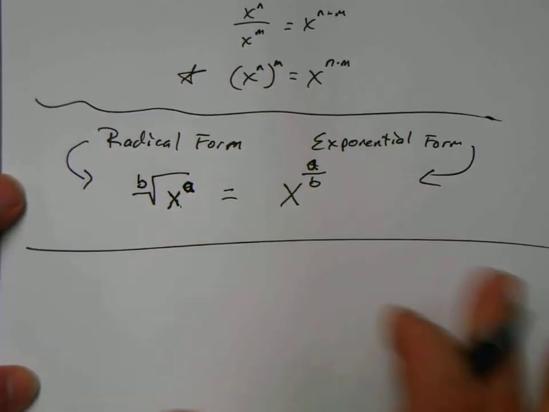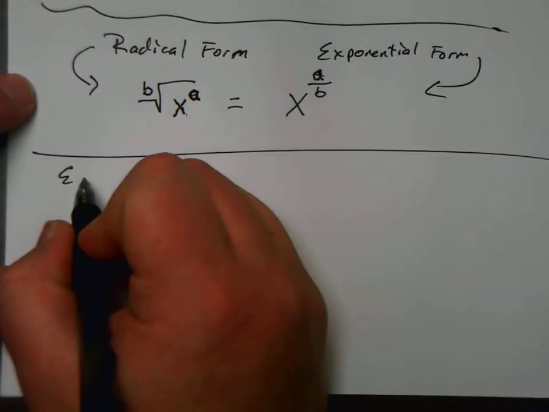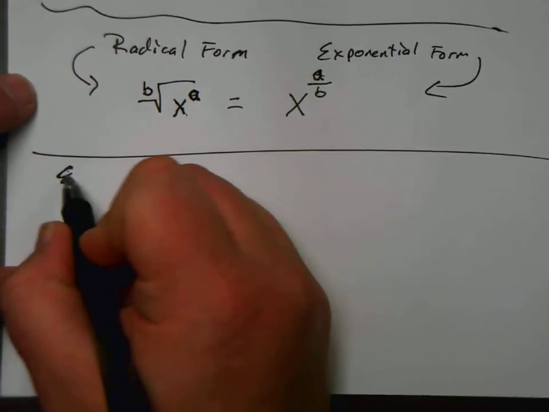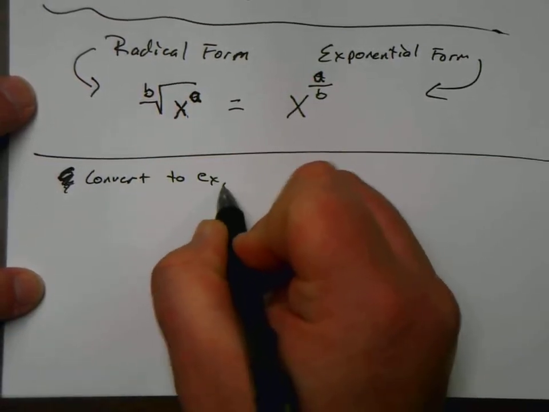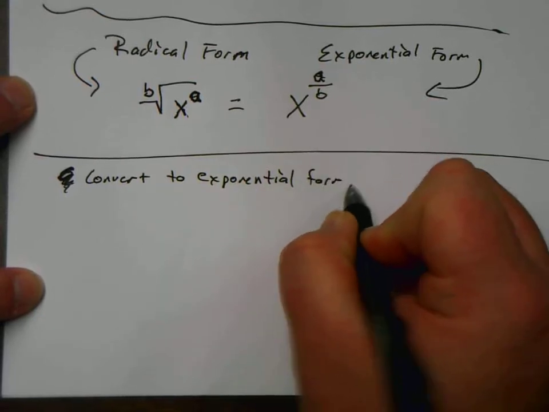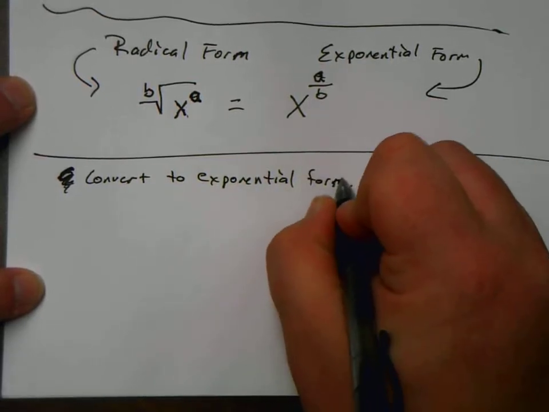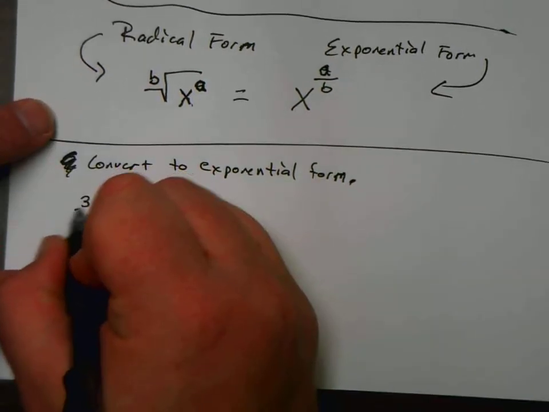All right, so let's see. You're going to get a question on your homework that's going to say convert to exponential form. Those are the directions, and you're going to get a problem that looks like this.